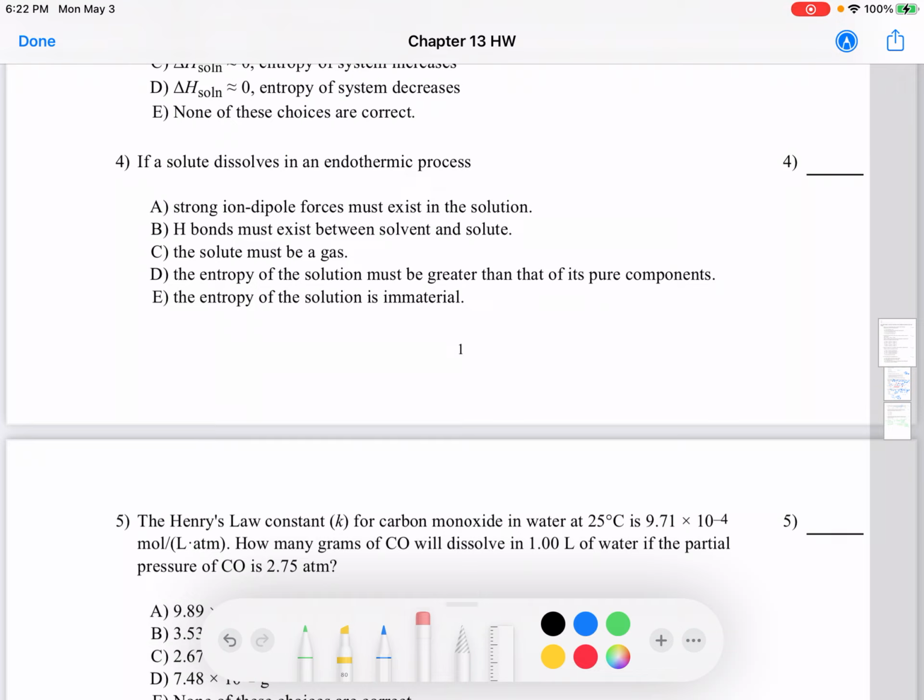Hydrogen bonds must exist between solvent and solute. The solute must be a gas. The entropy of the solution must be greater than that of its pure components. The entropy of the solution is immaterial. So the correct answer is the entropy of the solution must be greater than that of its pure components if a solute dissolves in an endothermic process.